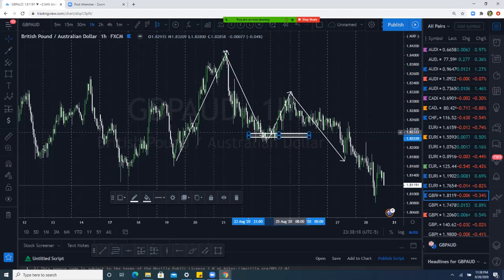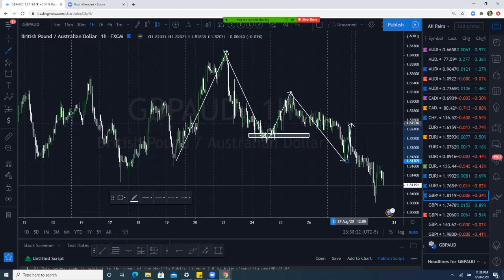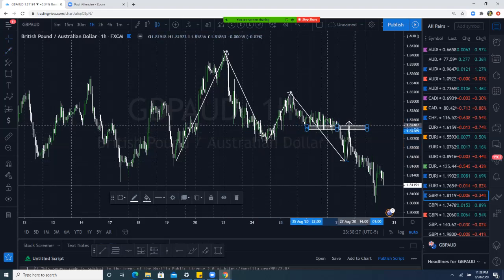Now it becomes a selling trend. And what you're going to look for is to sell at the next relevant lower high, which would have been this point, and you would have had a great sell. That's how you follow trend and identify moves using the trend.